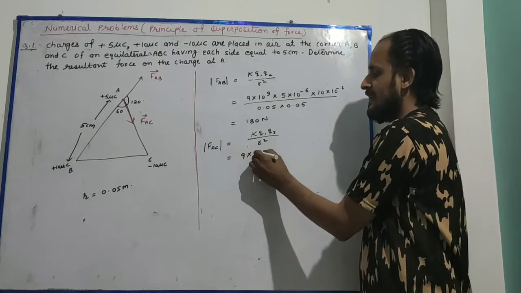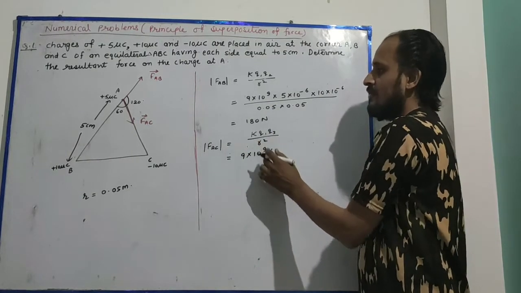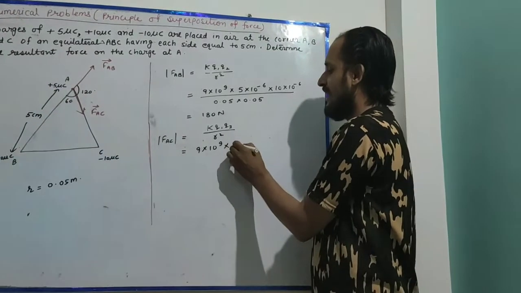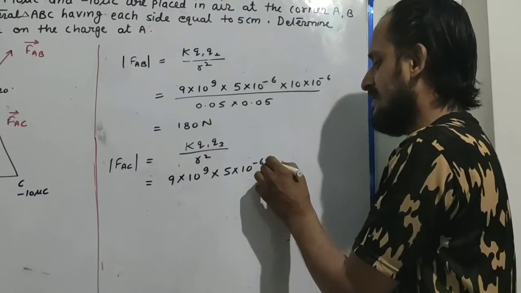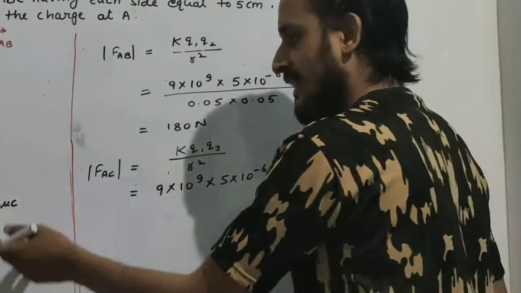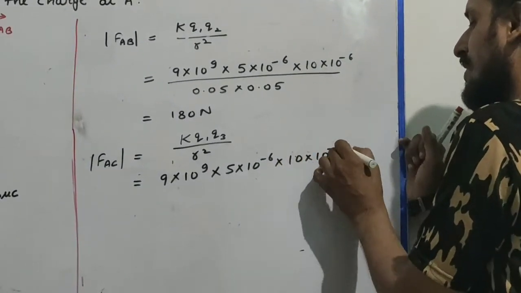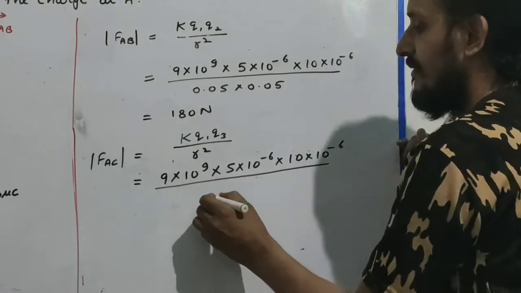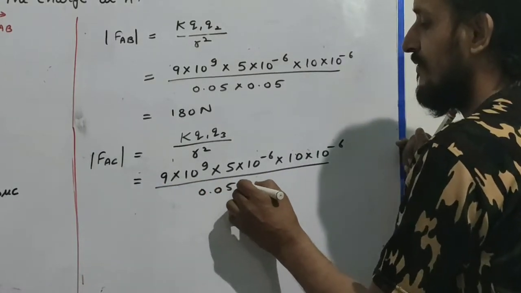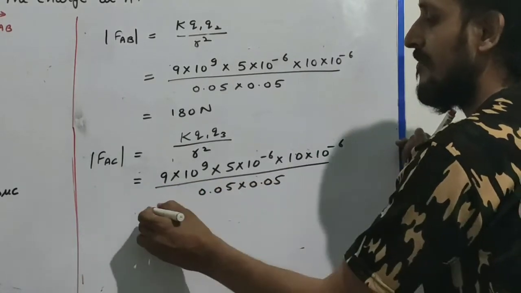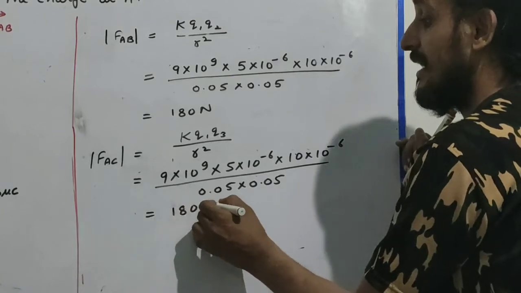K is 9 into 10 raised to the power 9. Q1 is equal to 5 into 10 raised to the power minus 6, into Q3, again minus 10, but you will put it plus 10 because we are finding the magnitude, divided by R square, 0.05 into 0.05. If you calculate, it comes again 180 Newton.